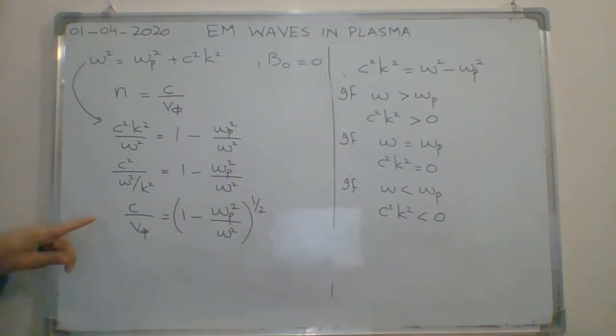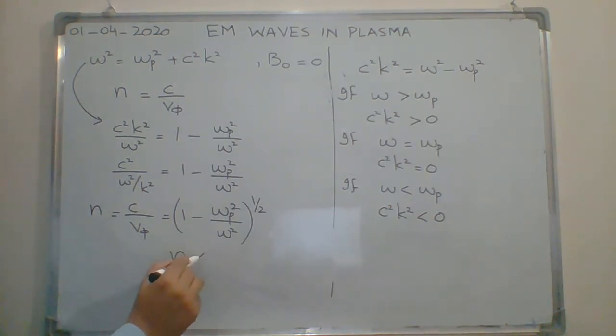So here you can see that the refractive index turns out to be less than 1. In a usual medium, the refractive index is greater than 1, as the speed of light in that medium turns out to be less than the speed of light in vacuum.